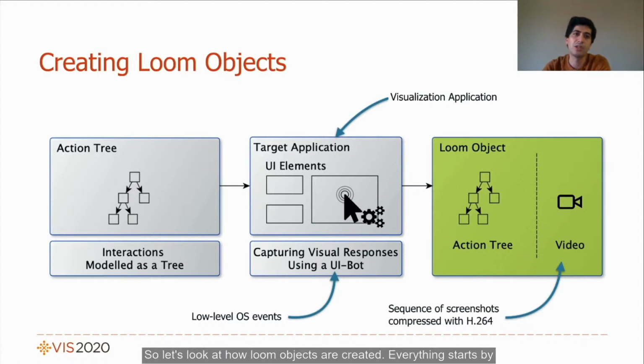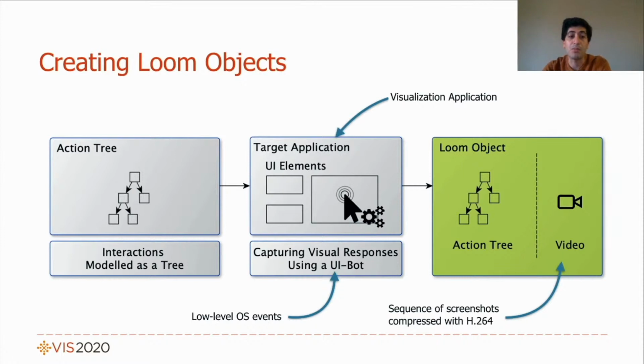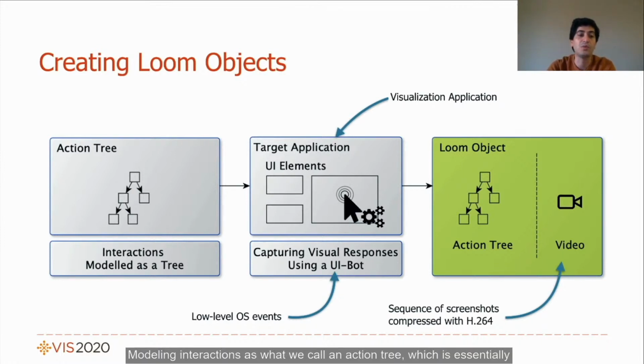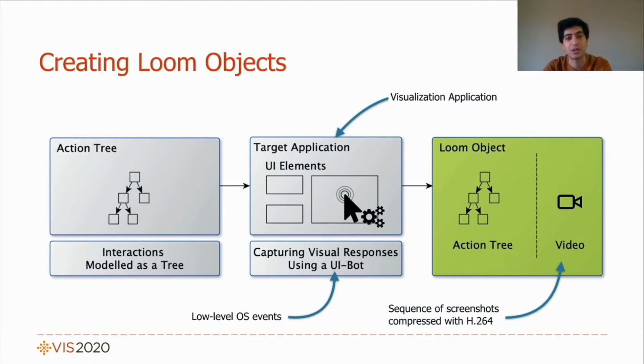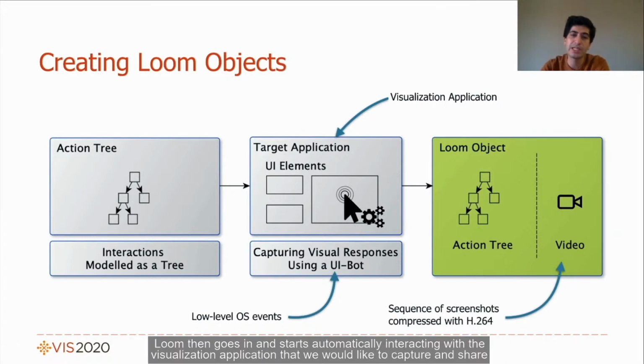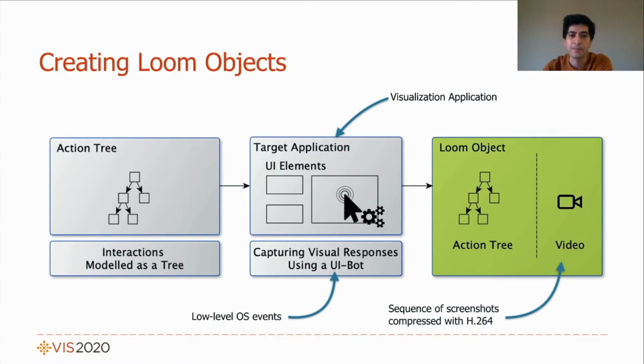So let's look at how Loom objects are created. Everything starts by modeling interactions as what we call an action tree, which is essentially very similar to behavior trees in game design and are detailed in the paper. After interactions or possible interactions with the application are specified as an action tree, Loom then goes in and starts automatically interacting with the visualization application that we would like to capture and share.